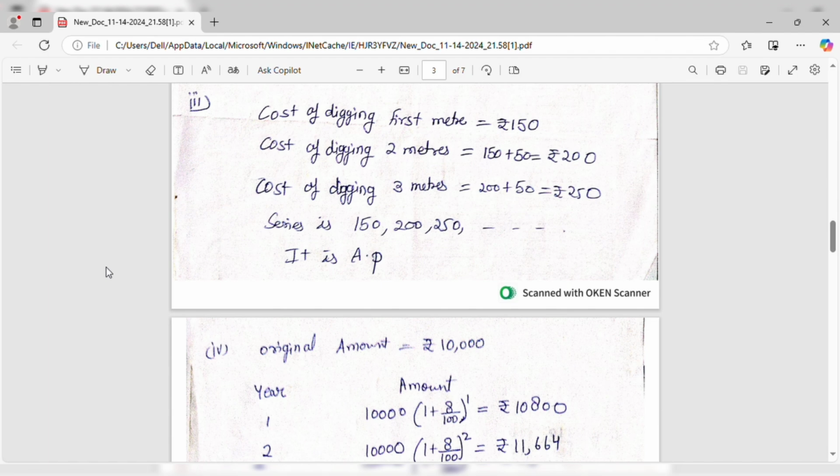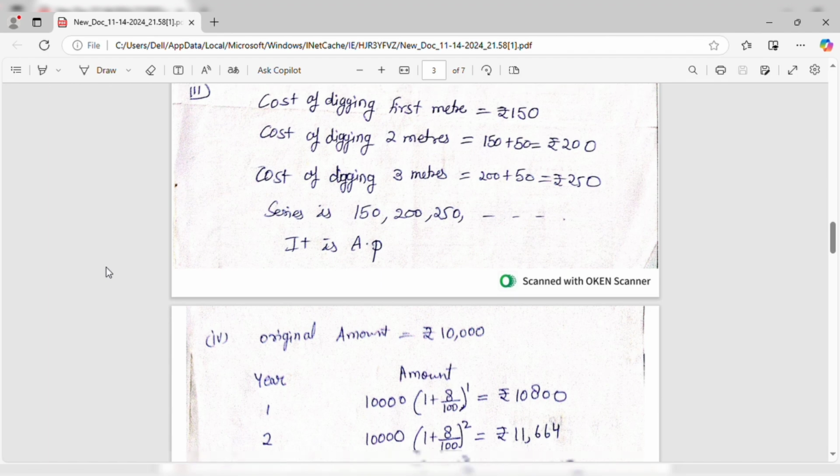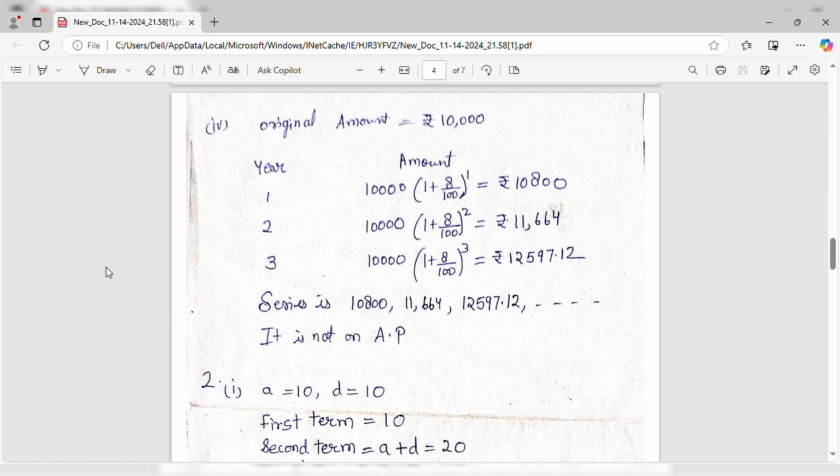The fourth part is the amount of money in the account every year when rupees 10,000 is deposited at compound interest of 8% per annum. The original amount deposited is rupees 10,000. So after 1 year the amount would be rupees 10,800. Here we are using the formula which we use to find the amount when compound interest is applied on any principal.